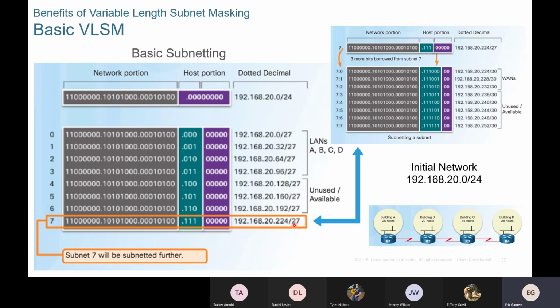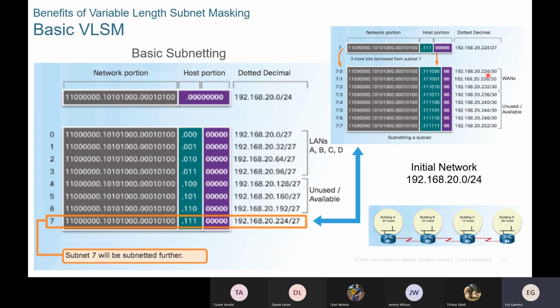Here I have 32 IP addresses. If I divide 32 IP addresses into 8 subnetworks, how many IP addresses will I have in each subnetwork? 4. Which means that the magic number will be 4 in the fourth byte.